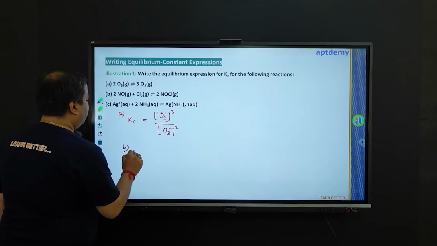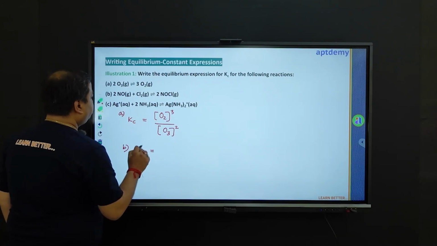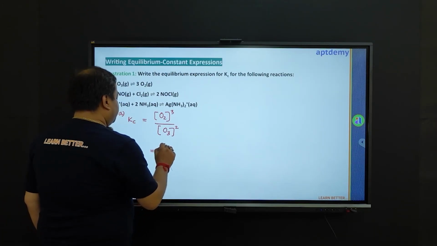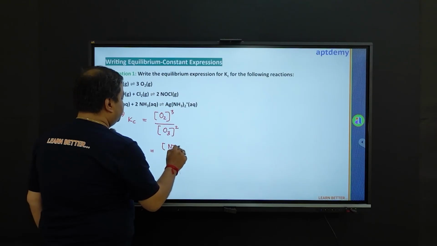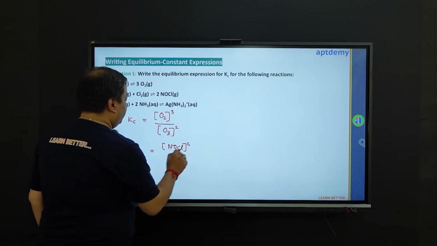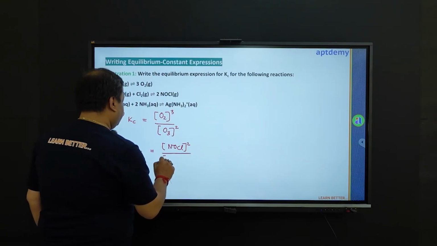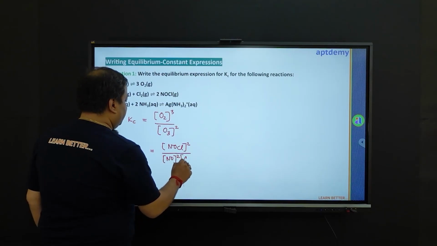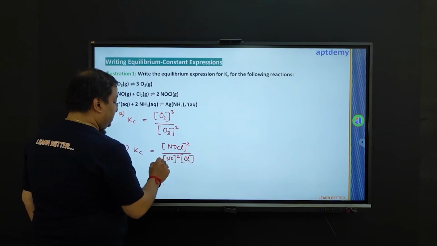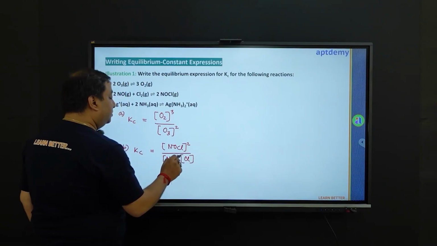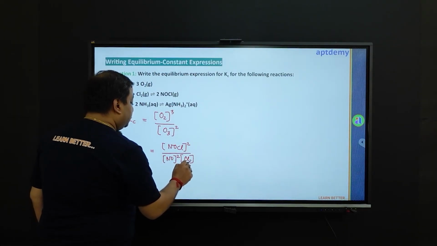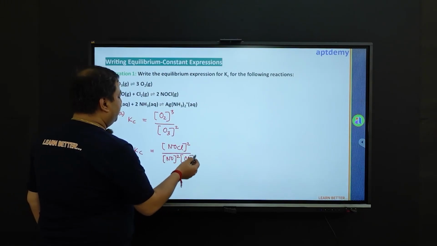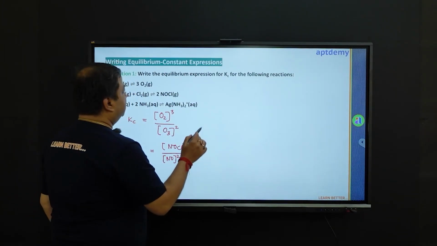For B, we would write Kc equals the concentration of NOCl, which is the product, raised to the power 2, divided by the concentration of the reactant NO raised to the power 2 multiplied with the concentration of Cl2, which is raised to the power 1. I will not write that power, as I have already discussed.